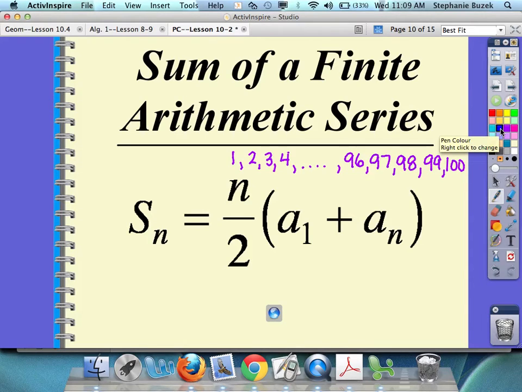Because we're adding the numbers from 1 to 100, and I already know the answer is 5,050. So the question is, how is it 5,050? How could I get 5,050 from these purple numbers?